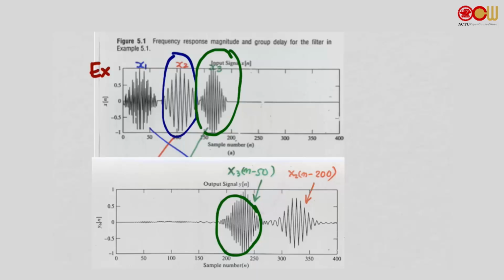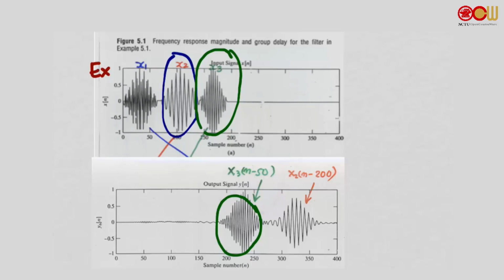So with a nonlinear phase system, signals corresponding to different frequency would get delayed by different amounts, and this will not happen with a linear phase system because all the signals will get delayed by the same amount, by the same number of samples.